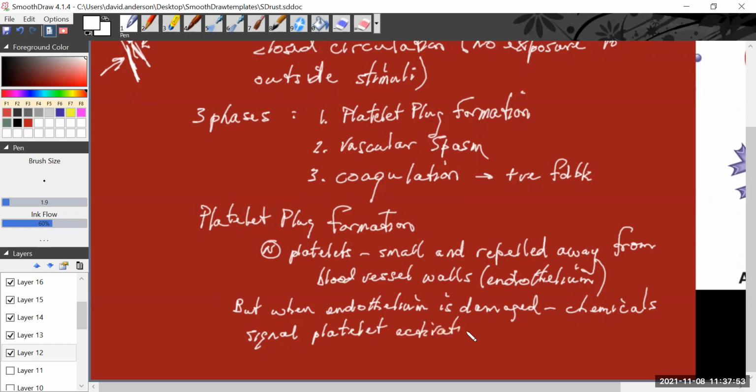Platelet activation. And when these platelets are signaled to become active, they are going to become sticky and start to clump together.